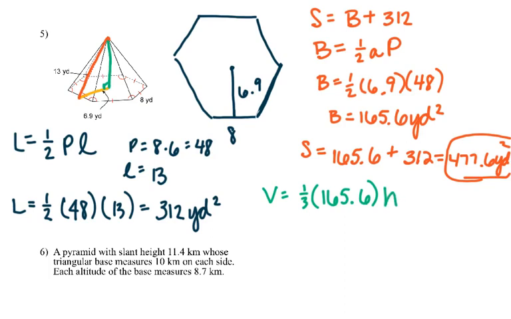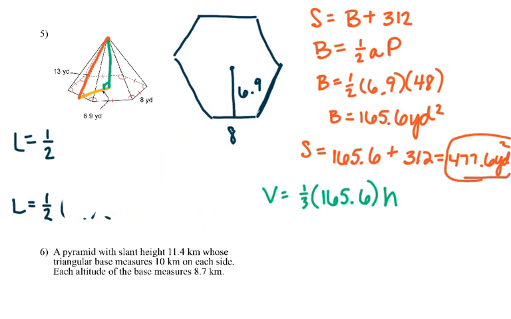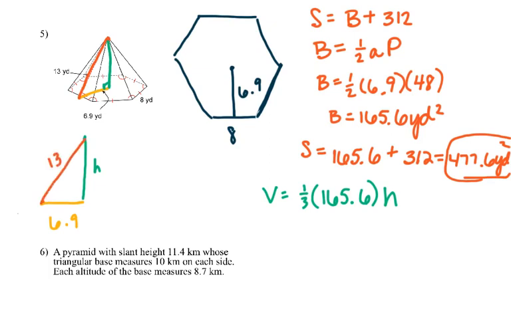So we're looking for the height. I'm going to draw that right triangle. We have our height, our apothem, and the slant height. And so we're going to do the Pythagorean theorem.